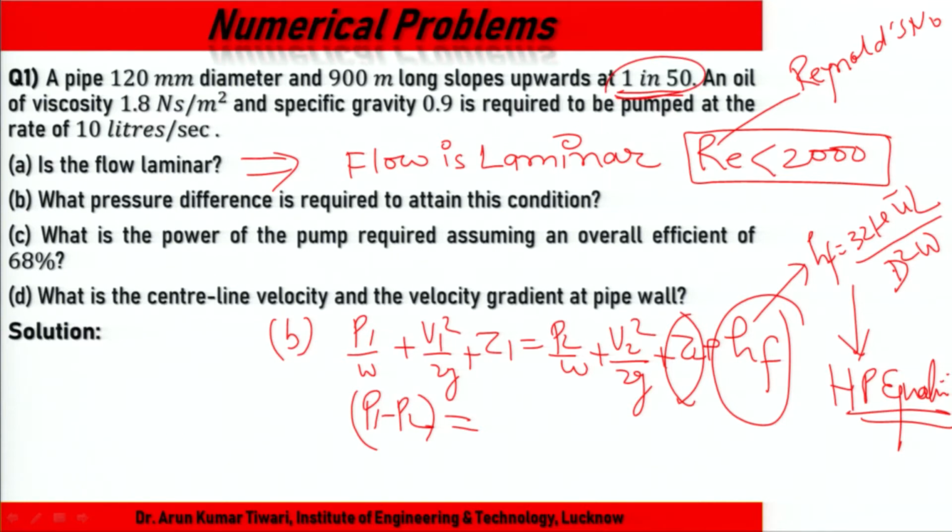By this slope we can calculate Z2, 1 in 50, with a total length of 900.